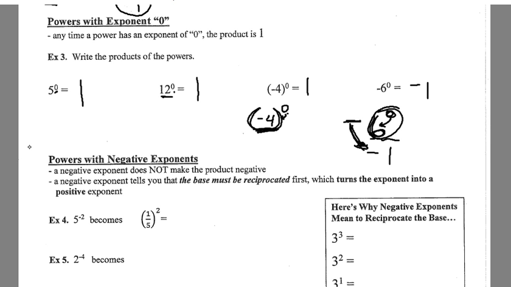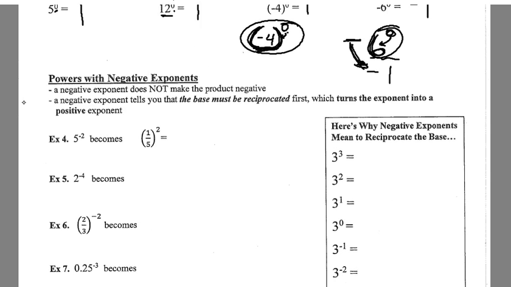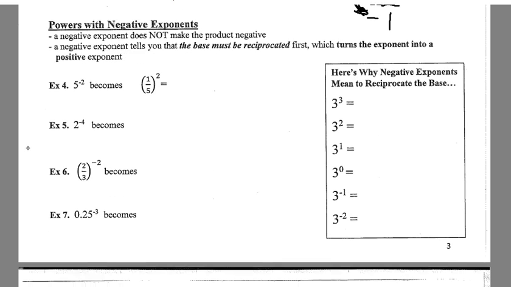Here, the negative 4 was the base, so the whole thing was the power. Any base exponent 0 is 1. Keep that in mind. That's a little point. It's been told to you and ingrained in your brain, but you need to now remember it.